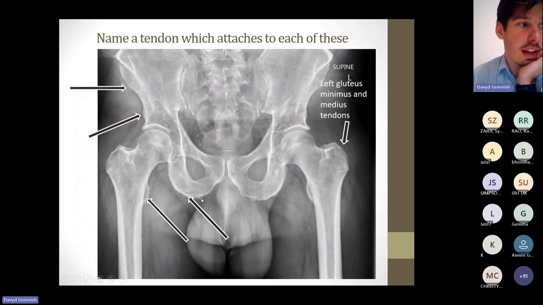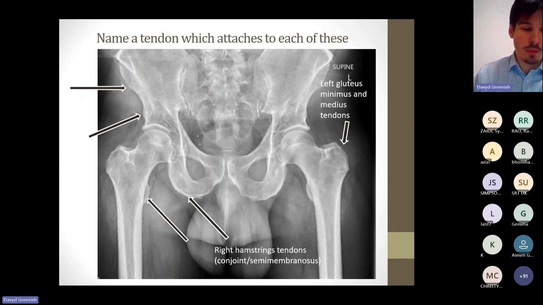So if we're being really, really pedantic, then the conjoint tendon is formed of the biceps femoris tendon and the semitendinosus. So you could say conjoint tendon or semimembranosus tendons are the two hamstring tendons which attach there. I think if you said right hamstring tendons, I don't think that they're going to drop your mark for that because you demonstrated that you understand which anatomy attaches there.